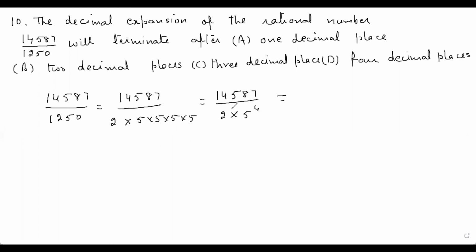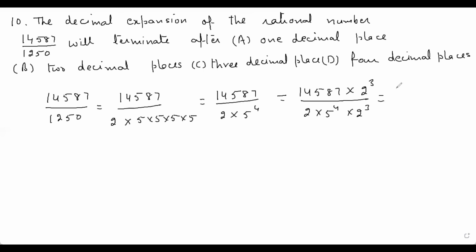Now I want to make this denominator 10 raised to power 4. For that, what am I going to do? I am going to multiply the numerator and the denominator by 2 raised to power 3. So I am going to multiply and divide by 2 raised to power 3.